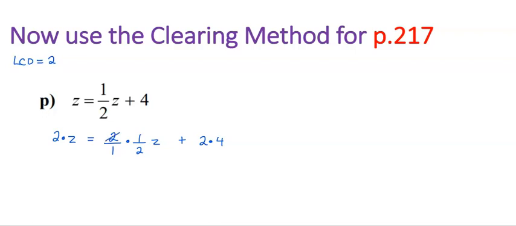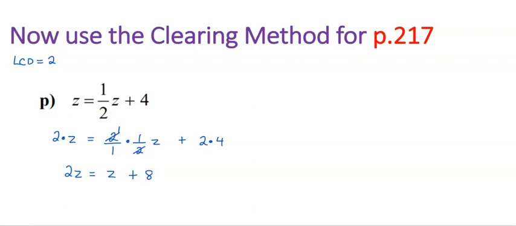We can now eliminate because we're going to divide them by 2, and we can do the multiplication step. 2 times z is 2z is equal to 1 times 1z is just 1z or z plus 2 times 4 is 8.